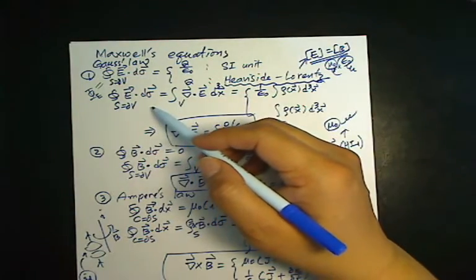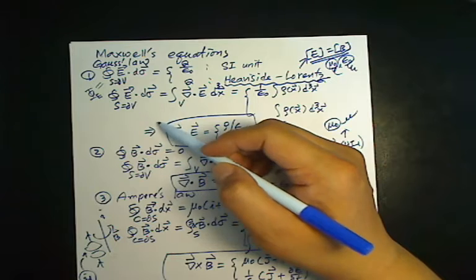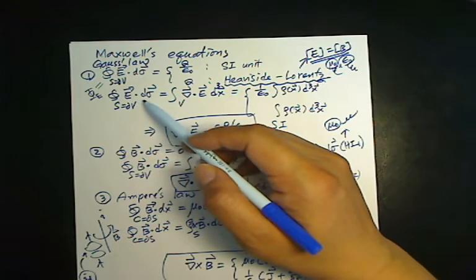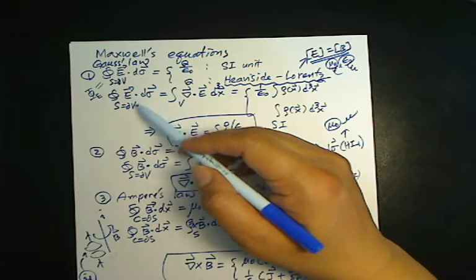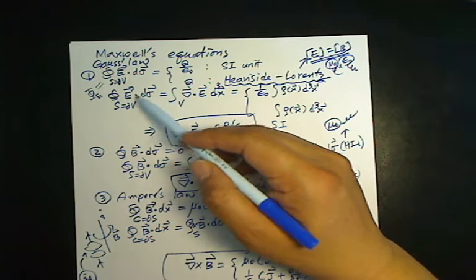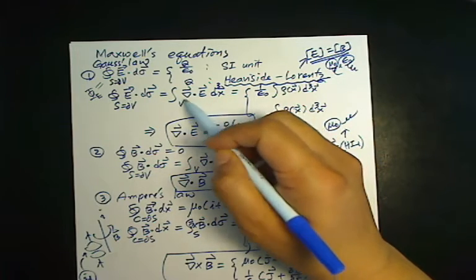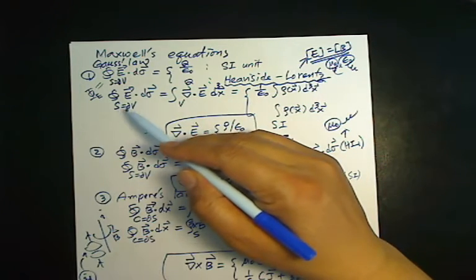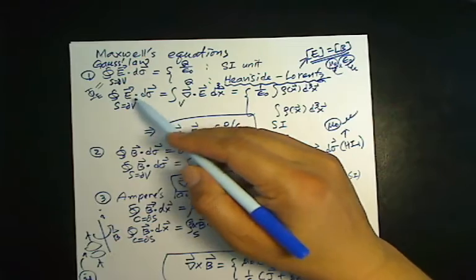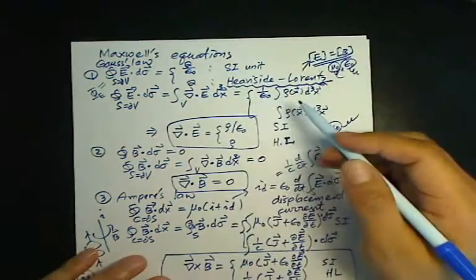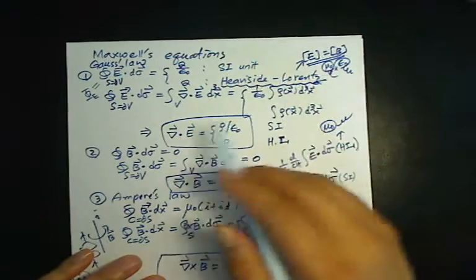We can make use of the divergence theorem. If I apply the divergence theorem, the surface integral can be expressed as a volume integral of the divergence of this electric field, right?